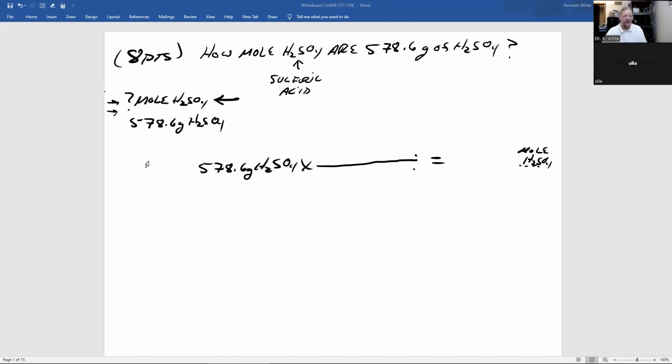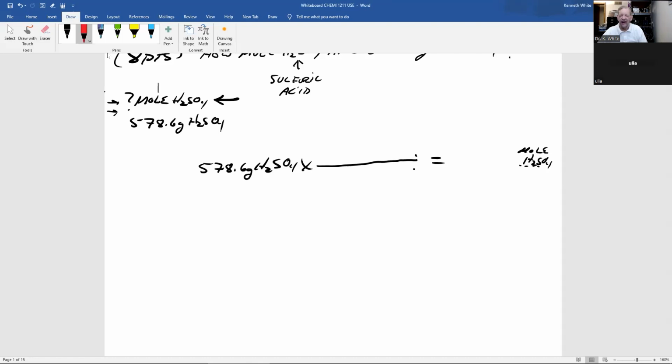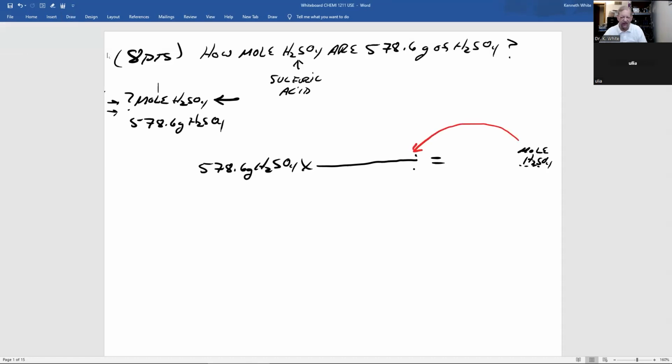And it's now my turn. It's time to use your good friend, unit analysis. Whatever we're trying to get to, the units go on top. Whatever we're trying to get rid of, we don't want grams of H2SO4 in our final answer, that goes on the bottom.